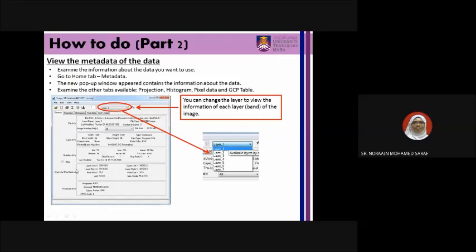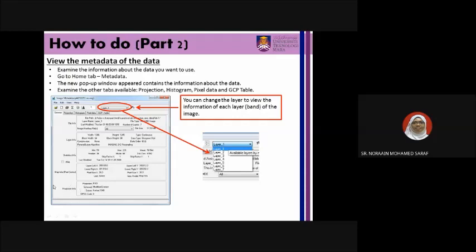At map info or pixel center here shows the XY coordinate of the upper left of the image, and also the XY coordinate of the lower right of the image.